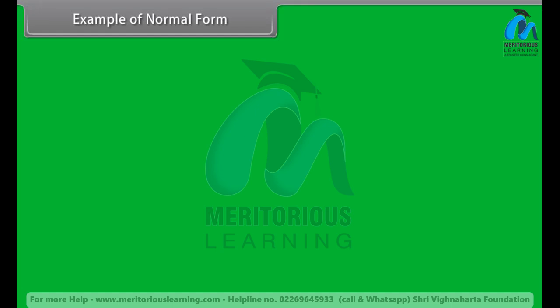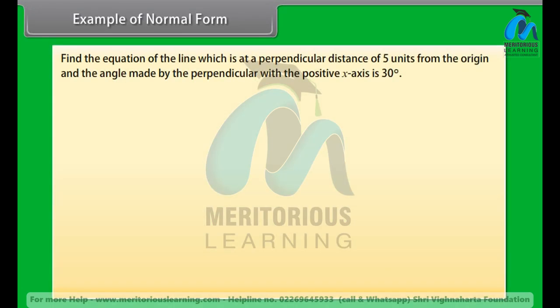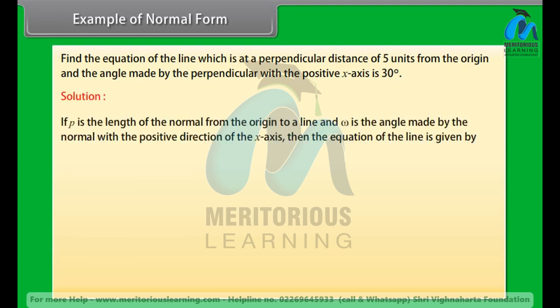Example of normal form. Find the equation of the line which is at a perpendicular distance of 5 units from the origin and the angle made by the perpendicular with the positive x-axis is 30 degrees. Solution. If p is the length of the normal from the origin to a line and ω is the angle made by the normal with the positive direction of the x-axis, then the equation of the line is given by x cos ω + y sin ω = p.